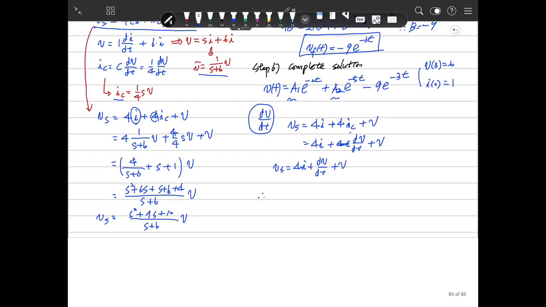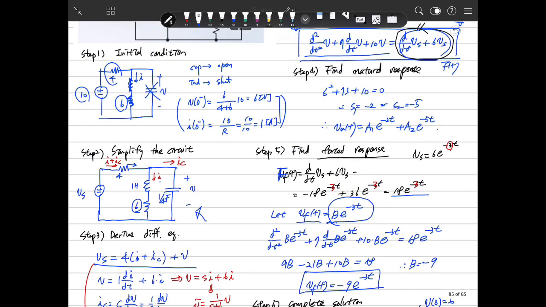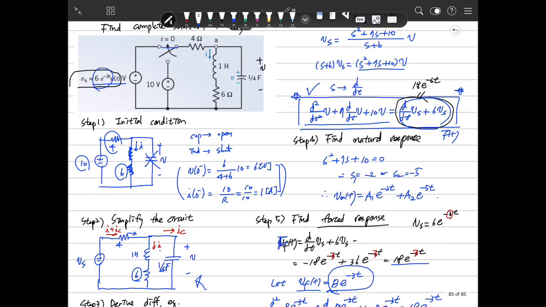So therefore dv/dt is minus 4i minus v plus Vs. So dv/dt at 0, that means the I0 is 1, so minus 4, and v0 is 6, minus 6, and Vs was 6 exponential minus 3t.